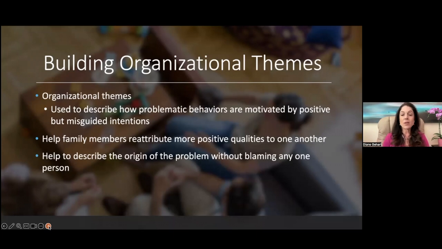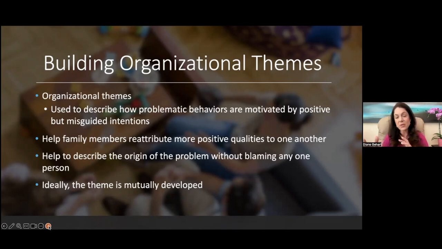So also looking at all of those dynamics too, because there is no family having these issues that isn't influenced by a lot of other external narratives, discourses, and influences as well. Hopefully this is mutually developed, not just the therapist giving these themes to the family, but the parents, the adolescent, and the therapist working together to develop these organizational themes.